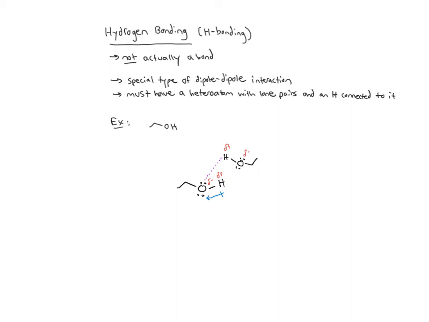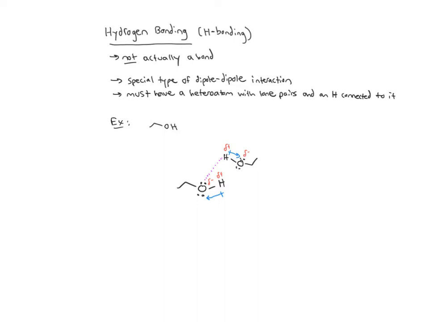We could draw that same dipole. So the dipoles are aligning, just like we saw with dipole-dipole interactions, but we have this enhanced feature where the lone pairs of the heteroatom are also interacting on a different level with one of the atoms in the other molecule's bond.